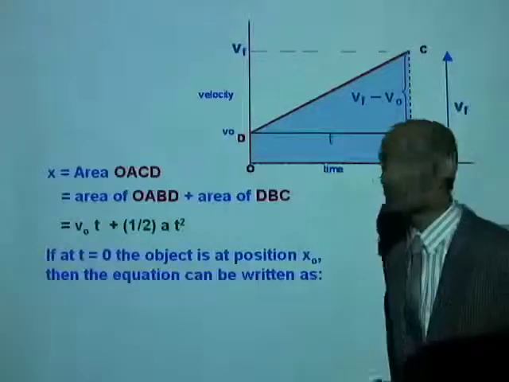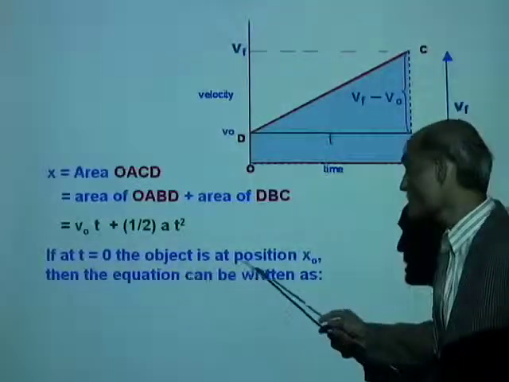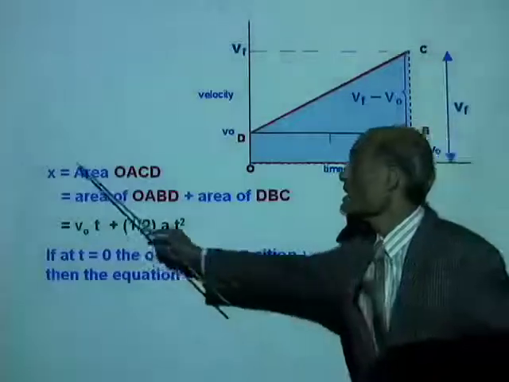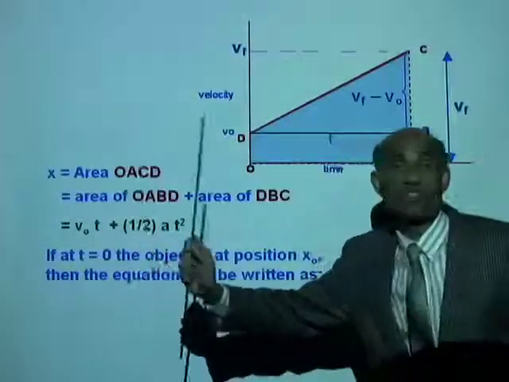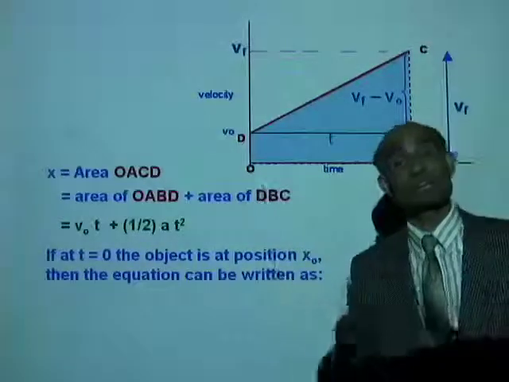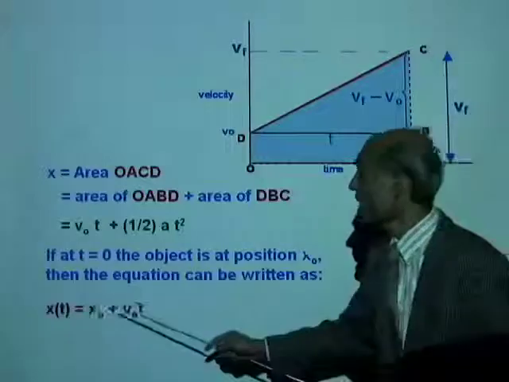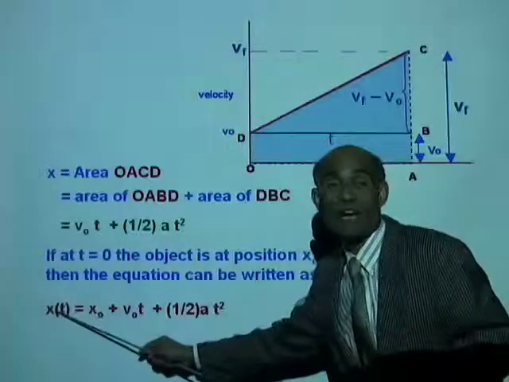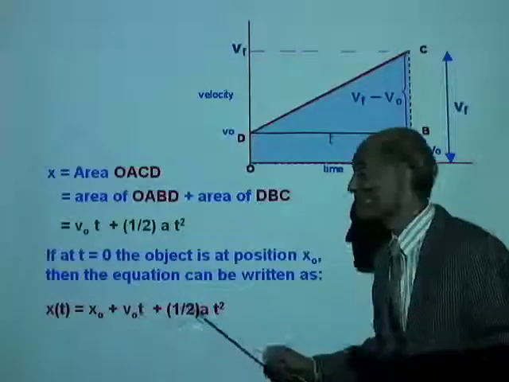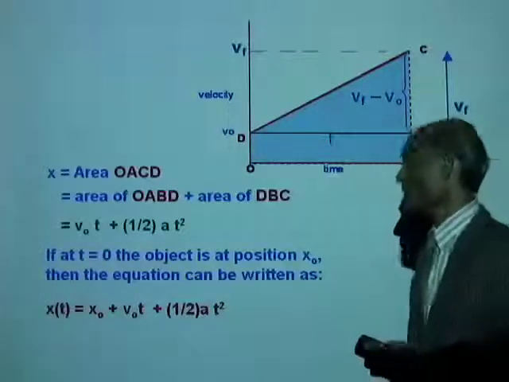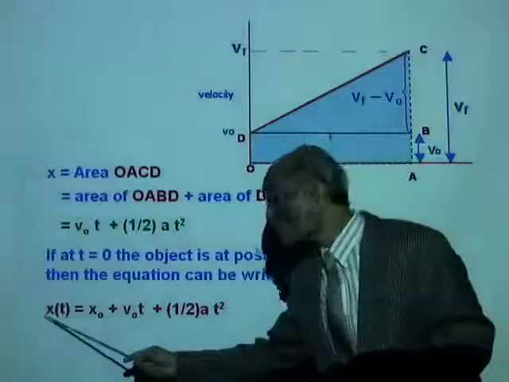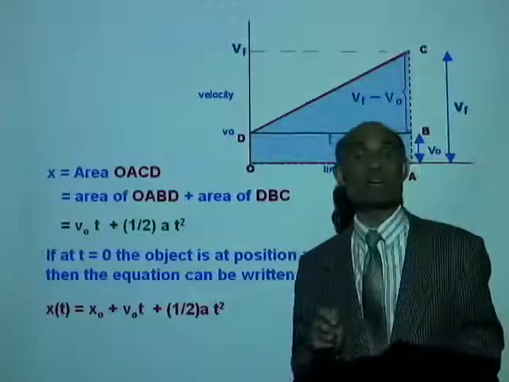If at t equal to 0, the object is at position x0, then the position function, the equation for x, the position or the displacement, can be written as x of t, x as a function of time, is x0 plus v0t plus 1/2 AT squared. And this is the second equation.